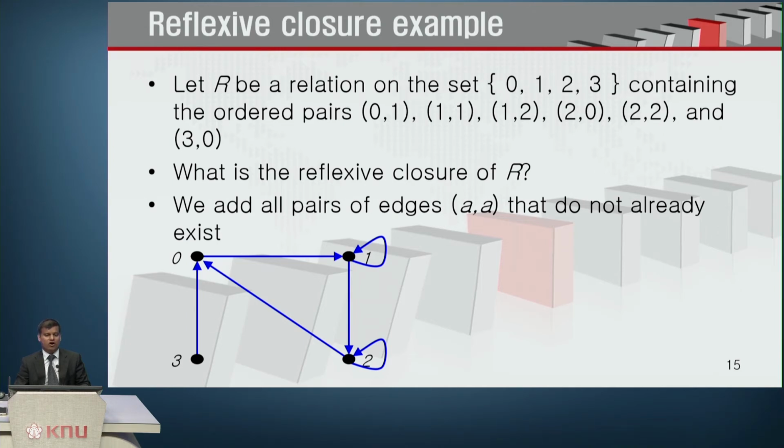So we have to add all pairs (a, a) that do not already exist. That's right. At node 0 and node 3 there is no loop, so we add these edges to make it a reflexive closure. That's it. We add (0, 0) and (3, 3) to the given ordered pairs, by which we make this a reflexive closure.